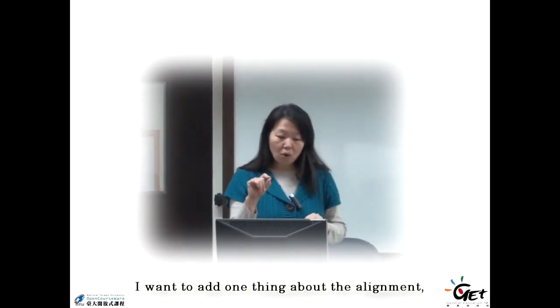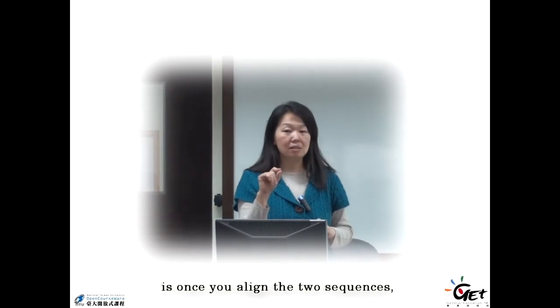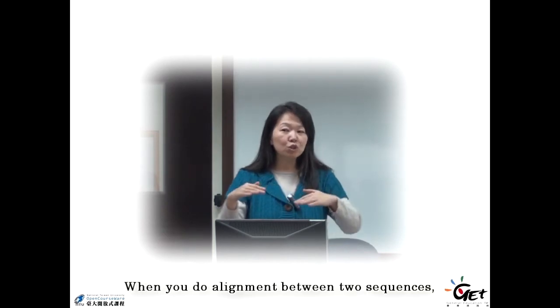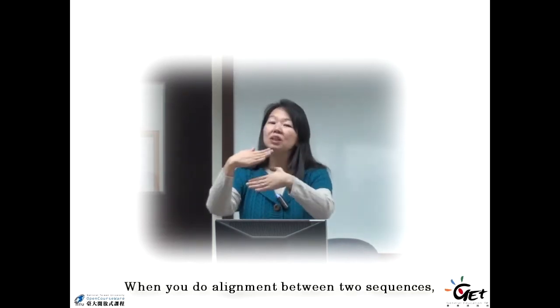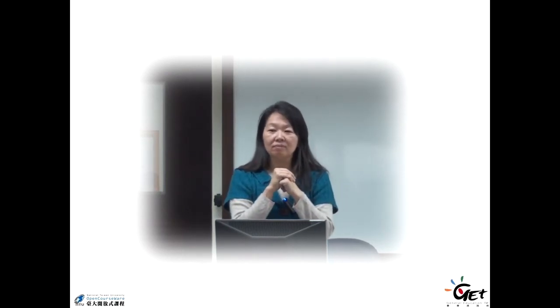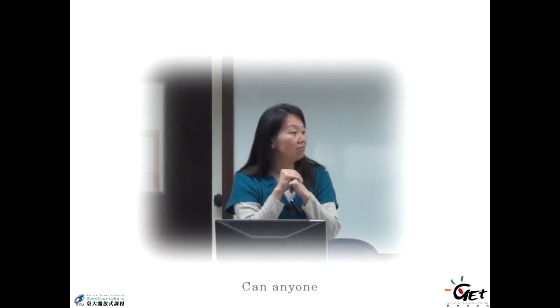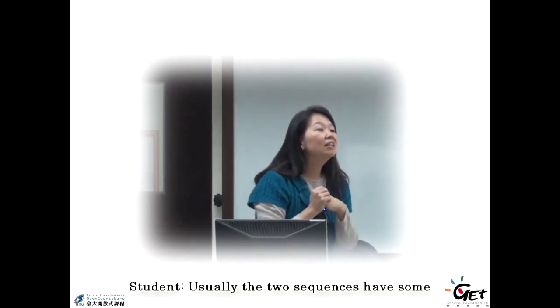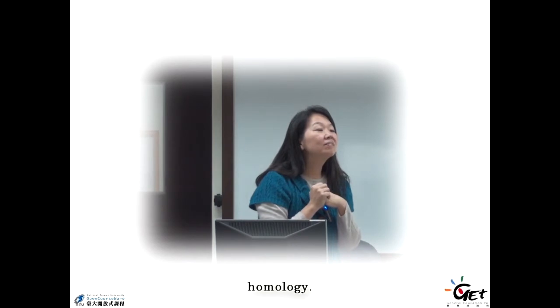I want to add one thing about alignment. Once you align two sequences, what does that mean? When you do an alignment between two sequences, what's the fundamental thinking you are doing? Can anyone give an answer? Yes, you mentioned that the two sequences have some homology.